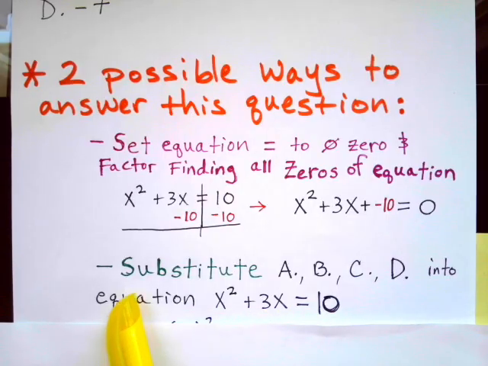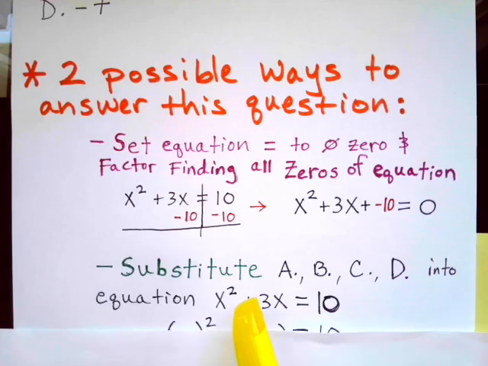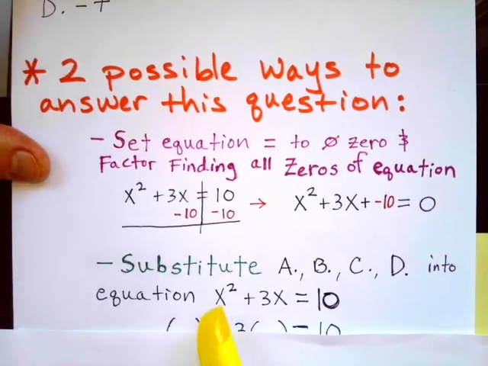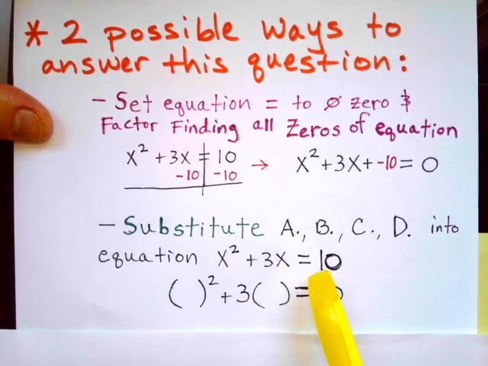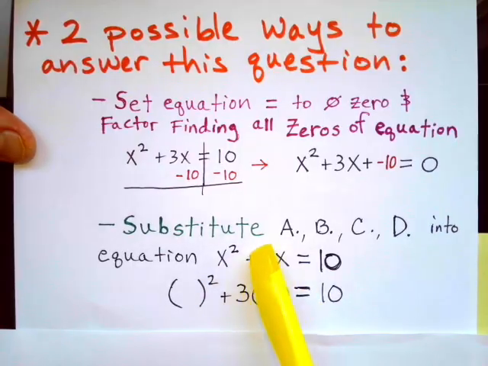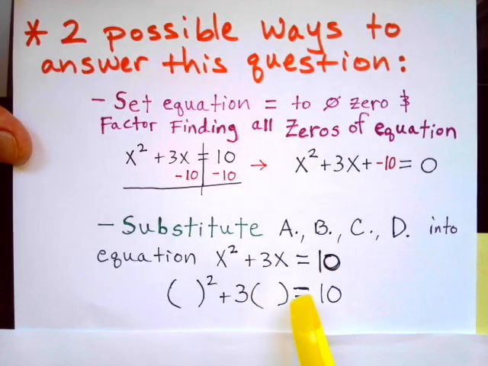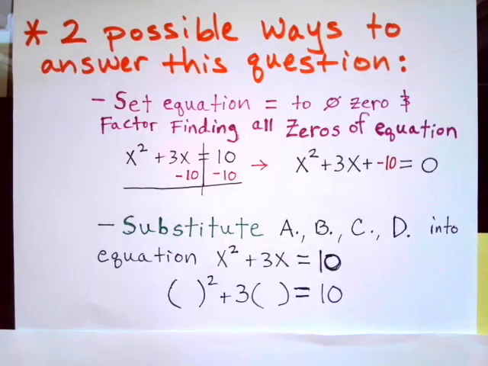Another way we could do that is we could substitute the values for A, B, C, and D into the equation that you see, x squared plus 3x equals 10, where the value, let's say for A is -2. Everywhere you see x, we'll substitute a -2. We'll follow PEMDAS, the order of operations, in order to simplify.